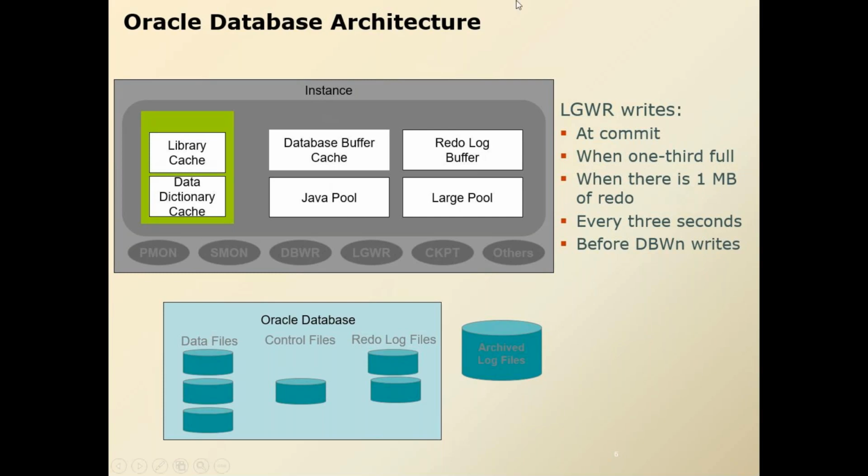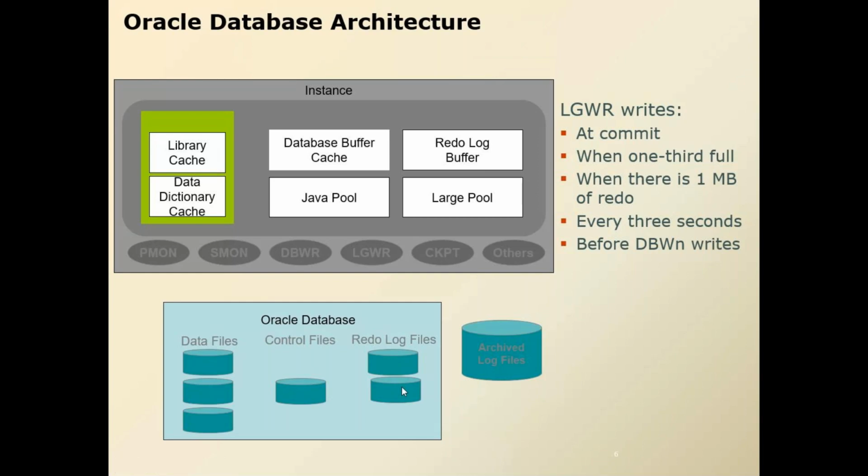Whenever the redo log buffer is 33 MB full, it will write the data to redo log files. Or if there is 1 MB of redo, or every 3 seconds. And before the database writer process writes the data from database buffer cache to data file. So these are the conditions under which the log writer process writes the data from redo log buffer to redo log files.